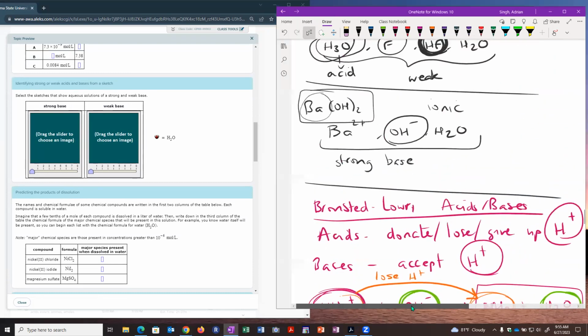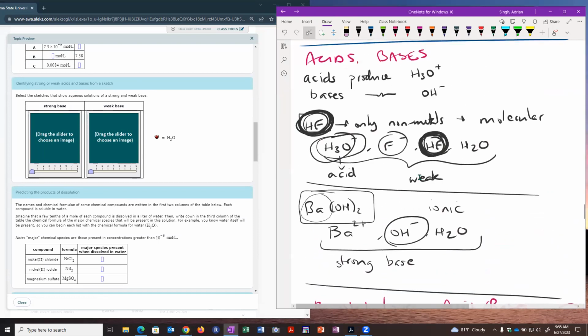A strong acid is one that dissociates completely to give you the ions present in solution, and you're also going to have water. A weak one is going to have some of the original acid or base left over, right?